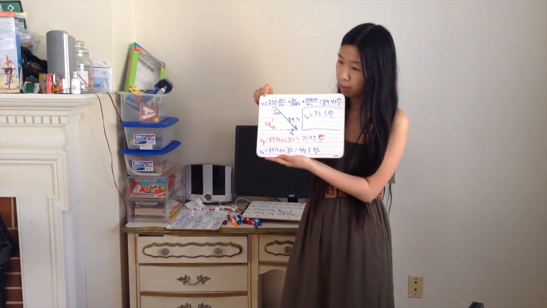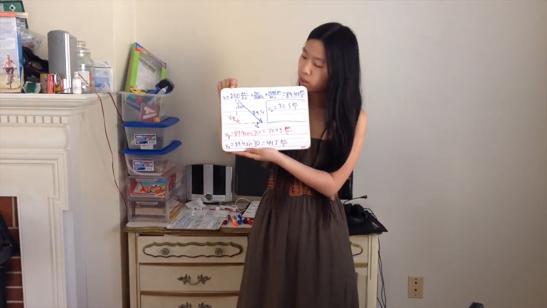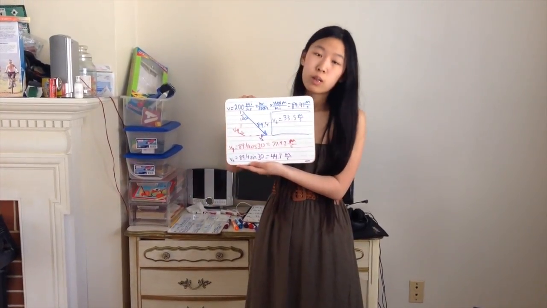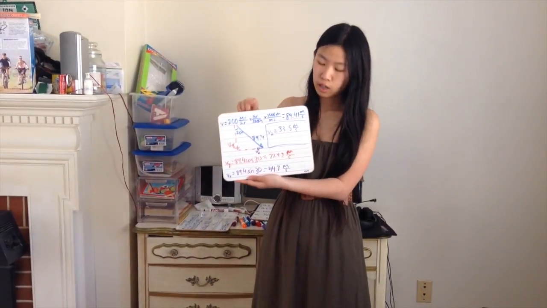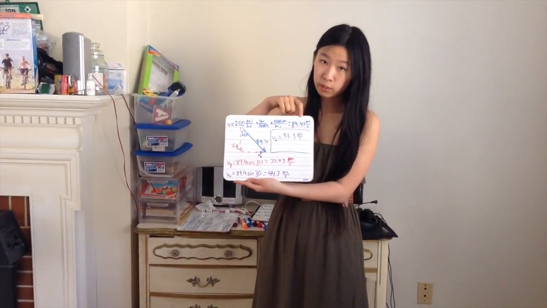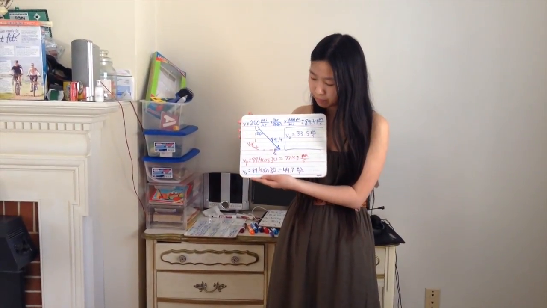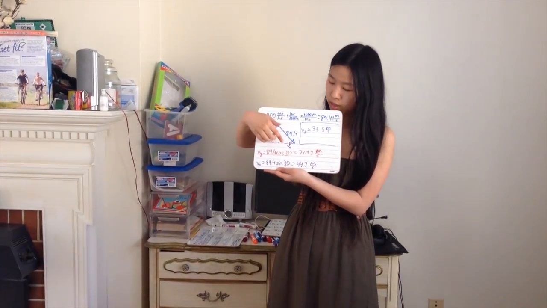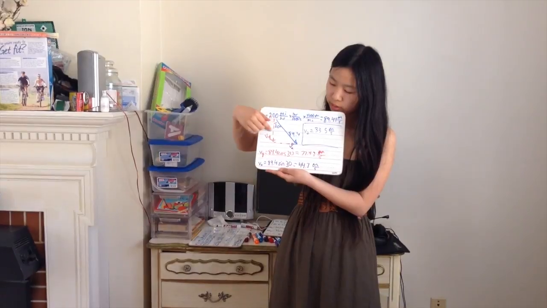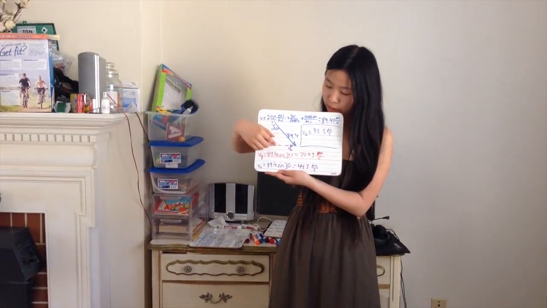The velocity of the peregrine falcon, however, is clocked in at 200 miles per hour. But we need to use dimensional analysis to convert that to meters per second, and that is 89.41 meters per second. As we can see here, this is a drawing of the velocity vector and its components.